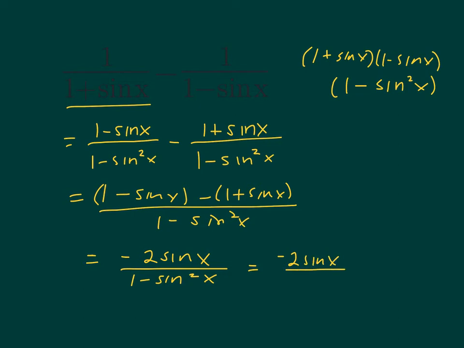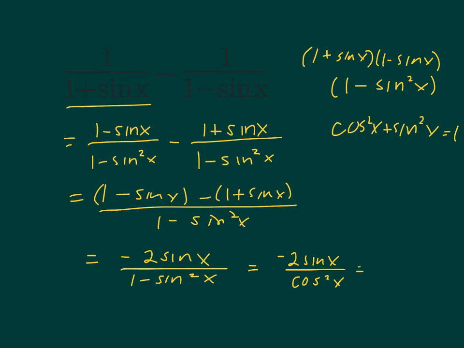But the denominator, remember, I'm going to go up here for a second. Our denominator, if we think of our Pythagorean identity that we've looked at a whole lot, cosine squared plus sine squared equals 1. 1 minus sine squared gives us cosine squared.